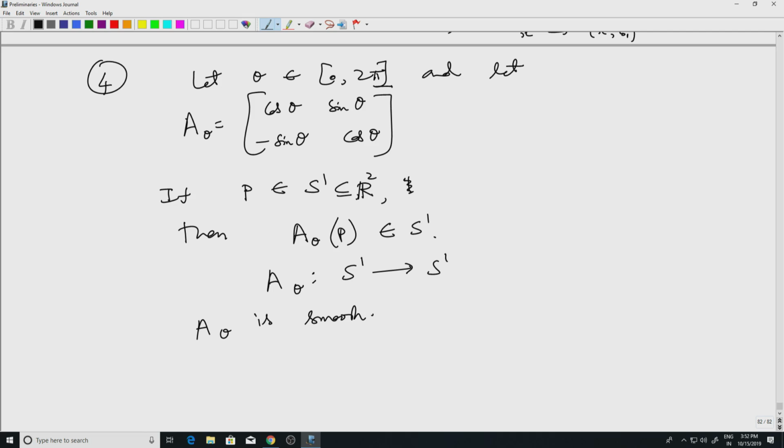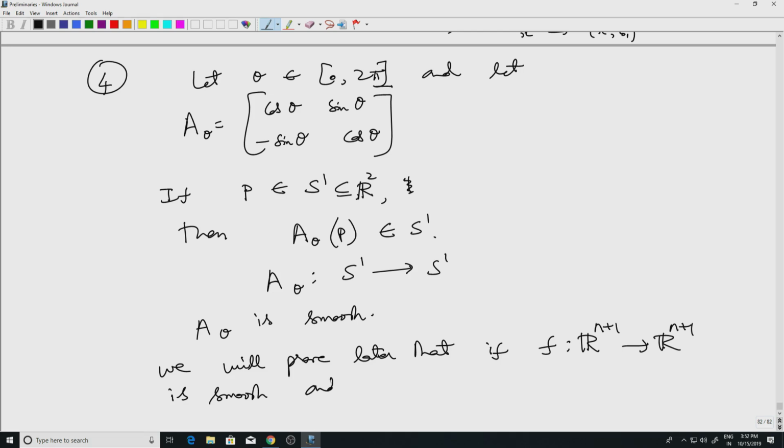But a more efficient way of doing things, which we'll prove later, is this: if you have any smooth function f from R^(n+1) to R^(n+1), and f takes the n-dimensional sphere back to itself, then if we regard f as a map from the sphere back to itself, forgetting Euclidean space, this map is smooth.